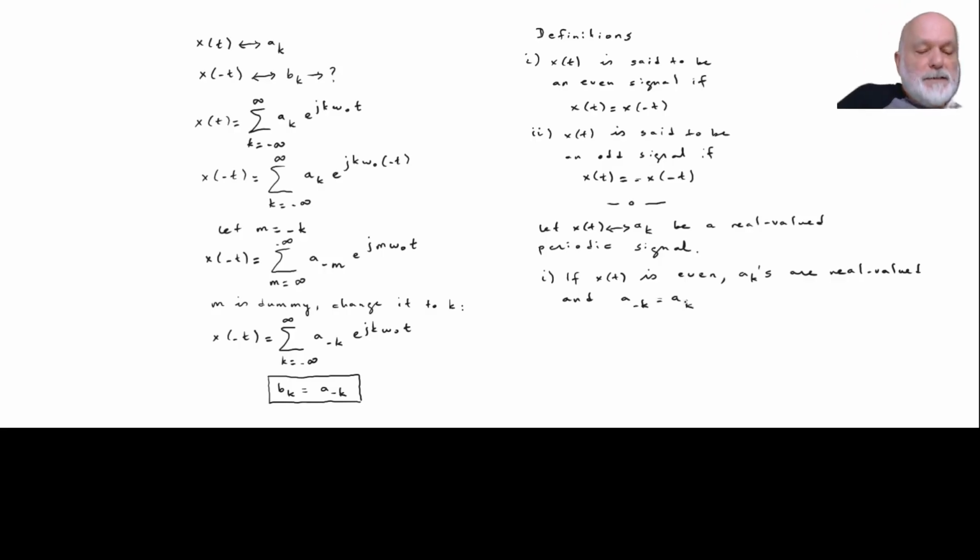Well, it is very easy to see this. Now let us see the proof. x of t is real valued, so this implies that a minus k is equal to ak conjugate.